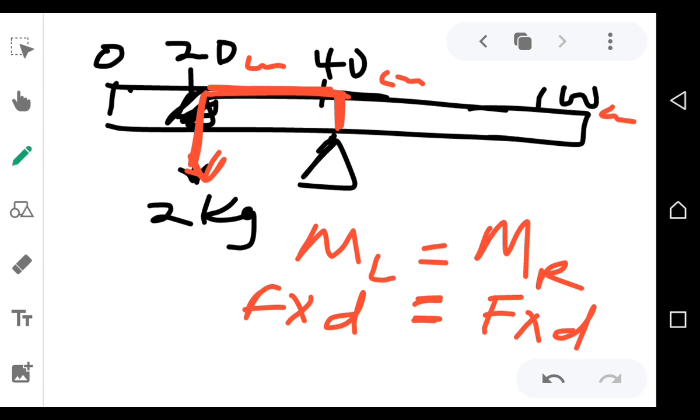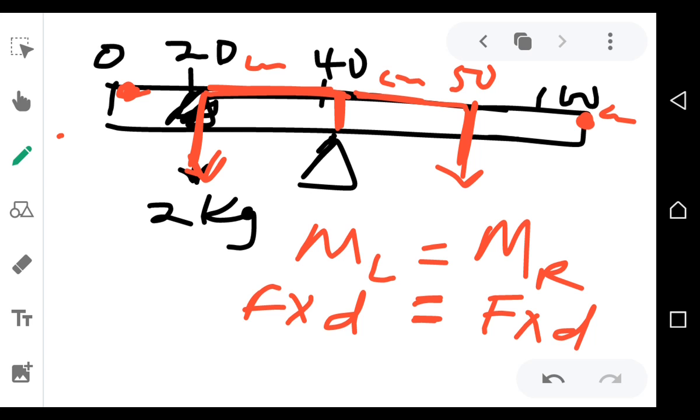If here it's 0 and there it's 100, the force will always act at 50, because half of 100 is 50.